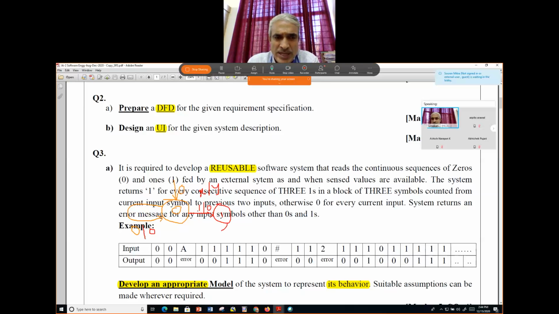Then the moment you get a 0, it is going to break this. If you get a 0, then again a 0. Then there is the error state.